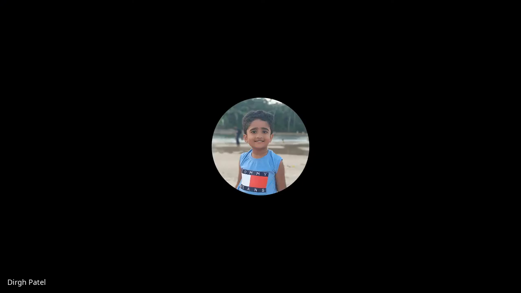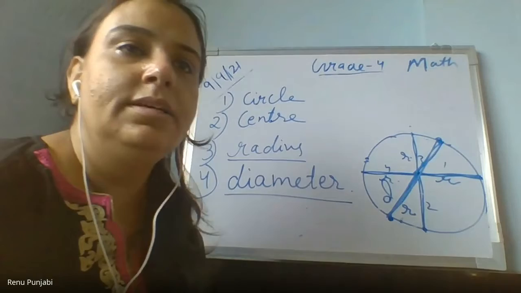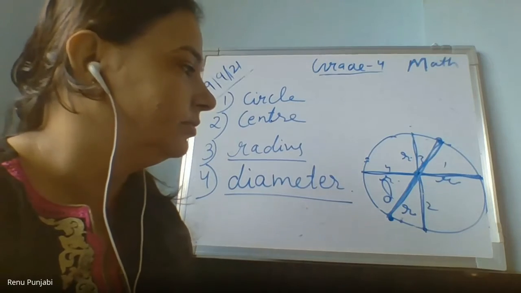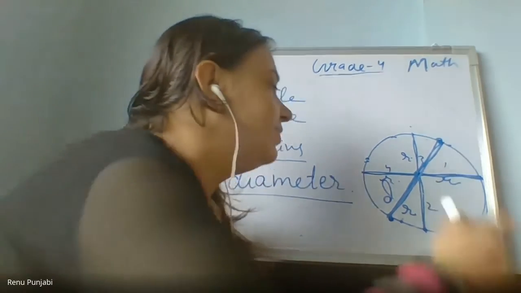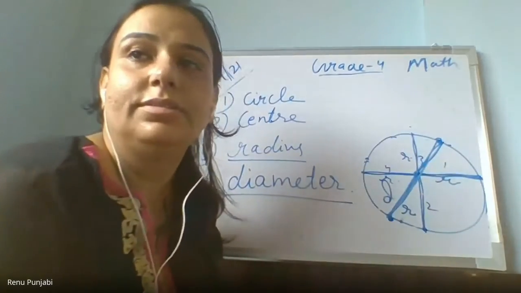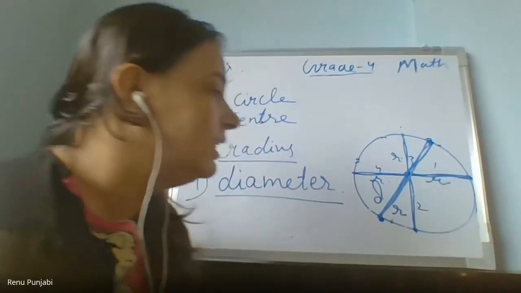Okay, this is clear to you all? The circle you had drawn with the 4 lines, the radius 4 lines, it is also called 1 by 4. That we will learn in fractions. Okay. So here, are you all clear?